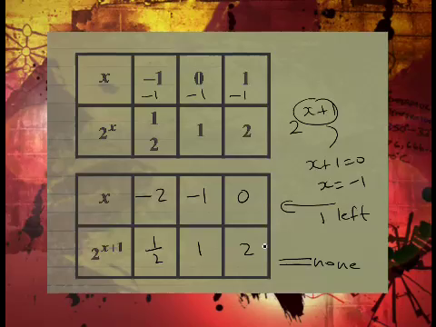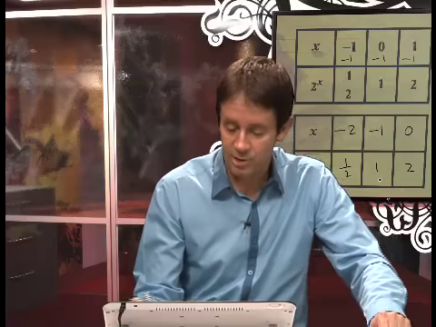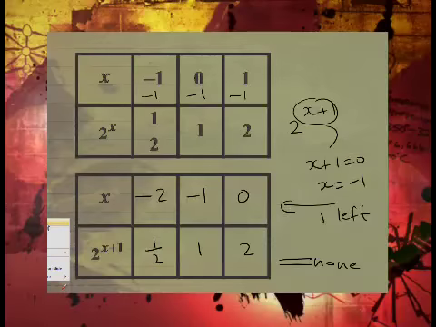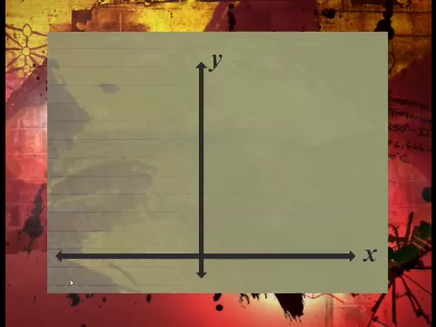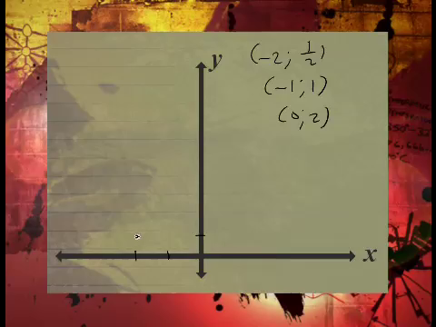Okay, and I love this because it's really, really cool. Now we can sketch the graph very simply. Let me write those coordinates down that we're going to sketch. We've got minus 2, a half, minus 1, 1, and 0, 2. So minus 2, a half is there.